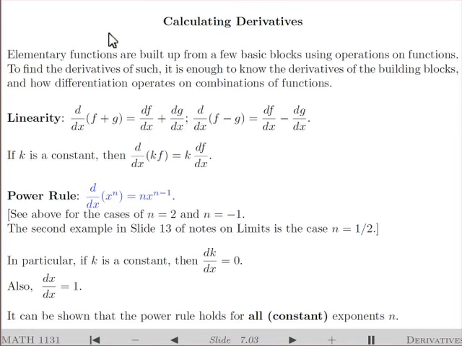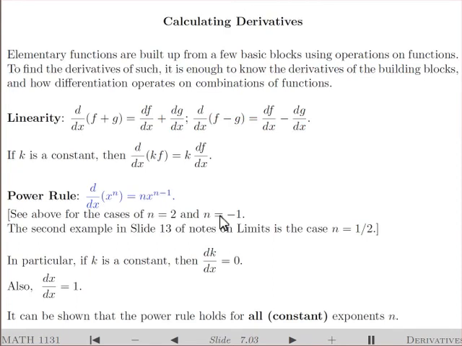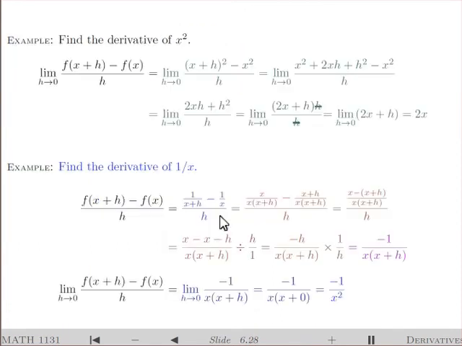We have done some examples of this. While talking about calculating derivatives from the definition, we differentiated x squared, and we saw that the derivative was 2x. And we also did the derivative of 1 over x, which is x to the power negative 1. We got negative 1 times x to the power negative 2.